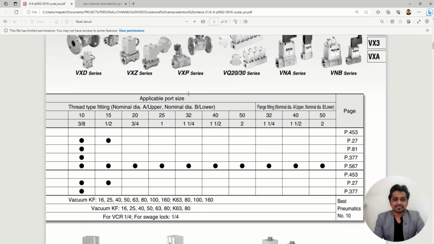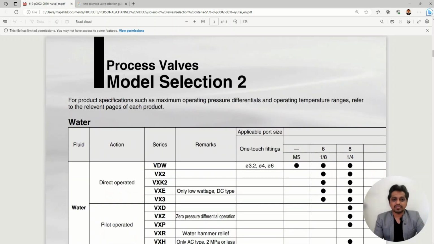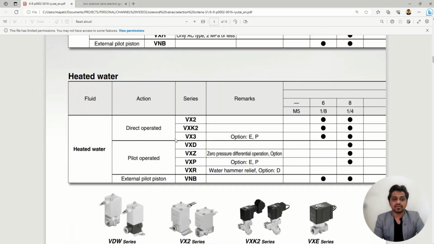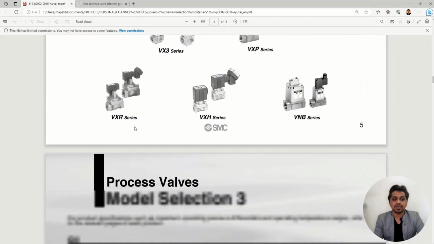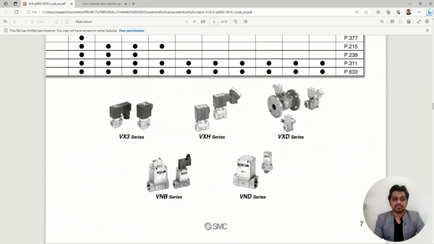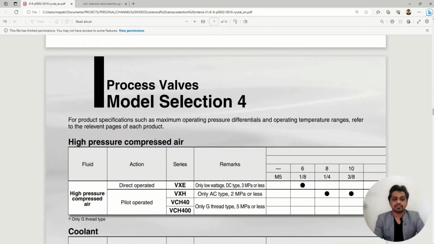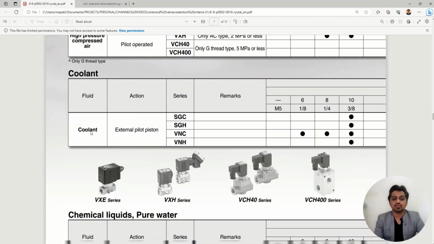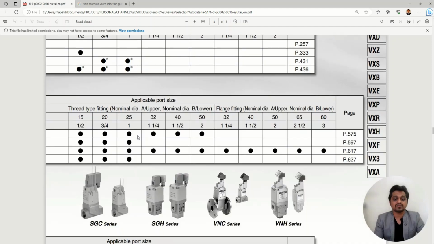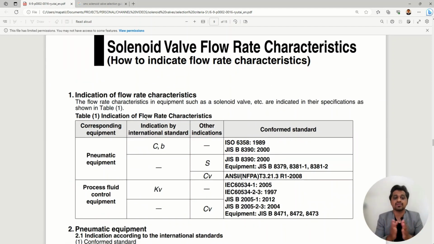Then we have water, and for water again different series, direct operated, pilot operated, which series is suitable, and the remarks are given there. Heated water we have, then oil, then high pressure compressed air, coolant, dust, chemicals. All these things they have given in a collected form.